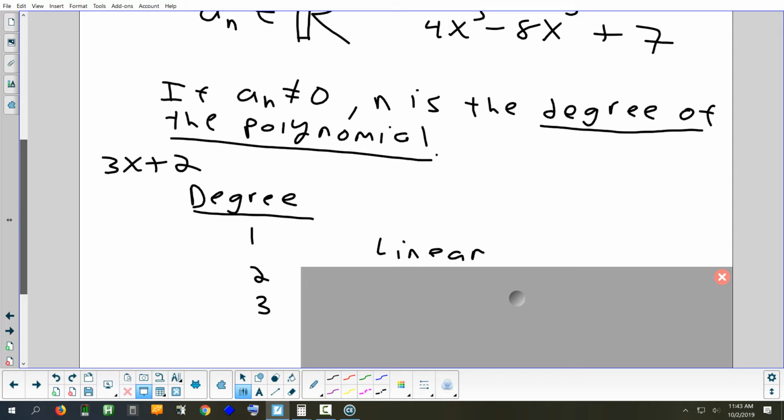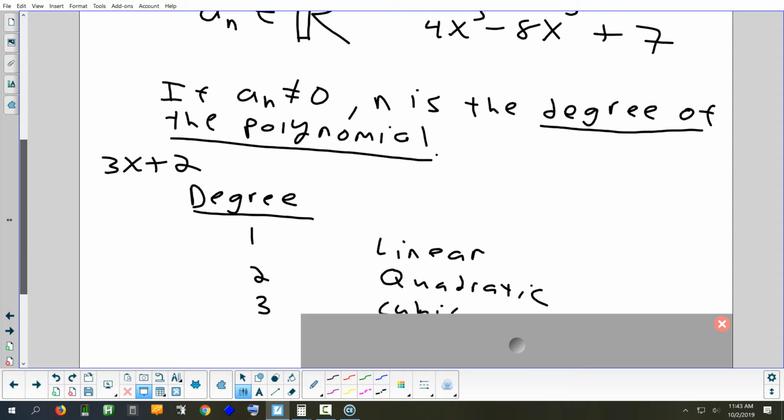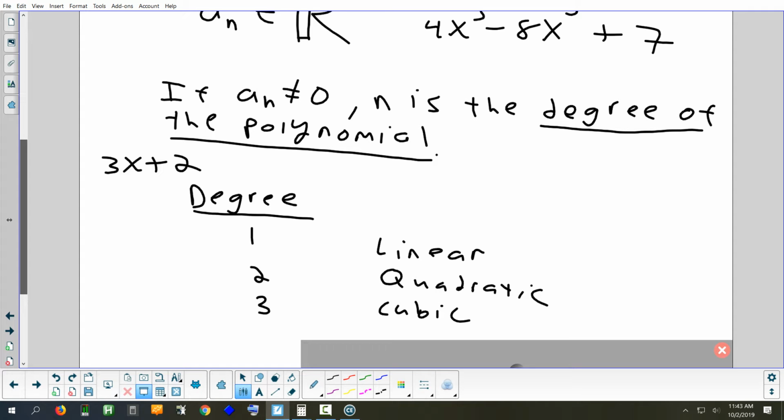How about a polynomial that's degree 2? Parabolic. So the shape of it, when you graph it, is a parabola. But the equation itself is called a quadratic. And then if you had a degree 3, that's a cubic.